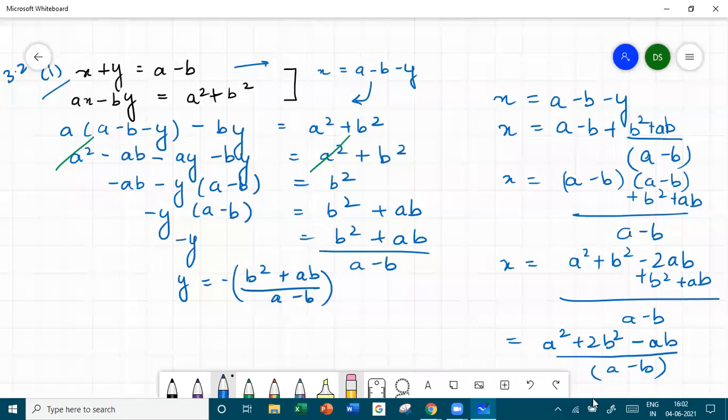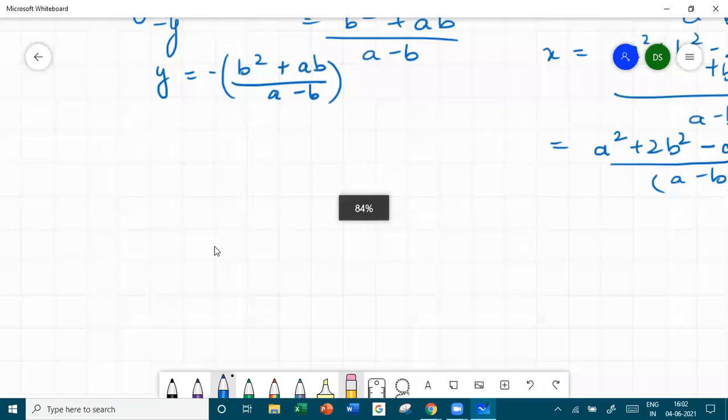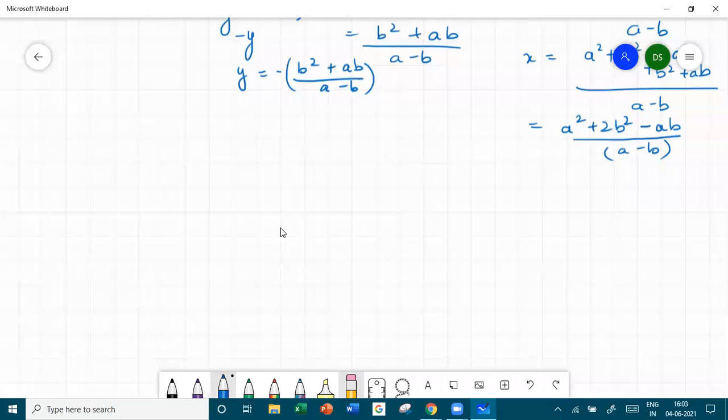I'm getting x as a square plus ab divided by a plus b. Okay, they've taken, let me try that. Instead of in terms of x, they've taken it in terms of y. Then what happens? Which y I'm getting the same.